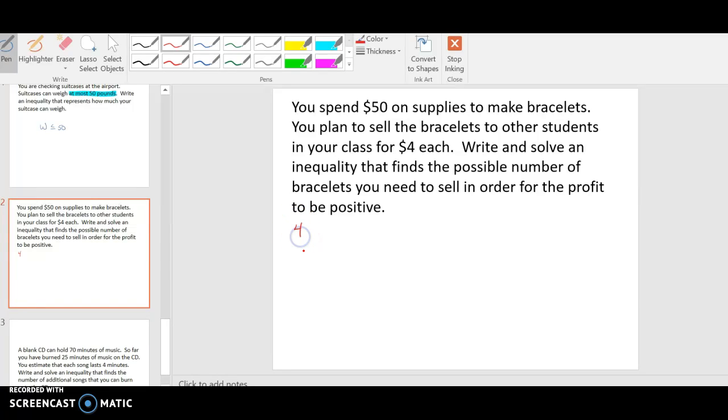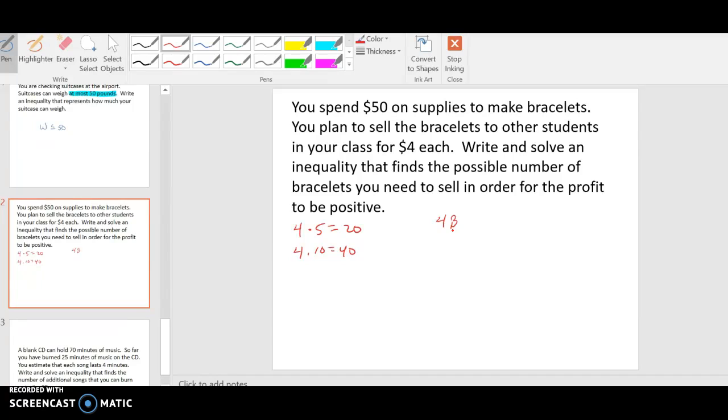If I sell $4 a bracelet, and say I sell 5 bracelets, that means I would do 4 times 5 to get, I make $20. If I sell 10 bracelets, 4 times 10 is 40. Now, if I don't know the number of bracelets I'm selling, what am I going to do? I'm going to use a variable. So 4 times B, where B is the number of bracelets.